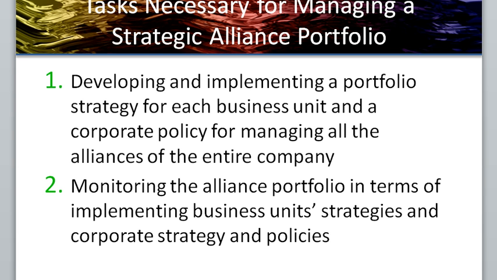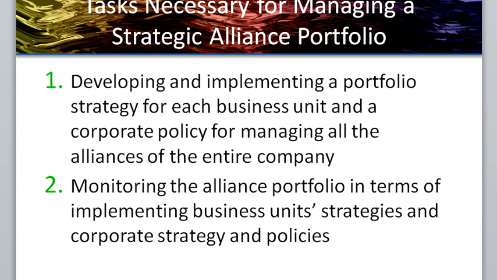Okay, so some tasks that are necessary for managing a strategic alliance portfolio. The first is developing and implementing a portfolio strategy for each business unit and a corporate policy for managing all the alliances in the entire company. This is basically the first step: having some sort of strategy for all the businesses and all the alliances you have.